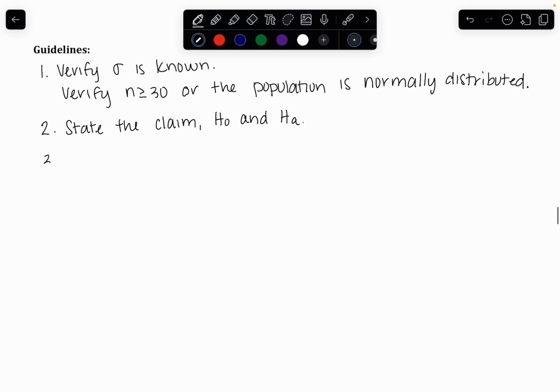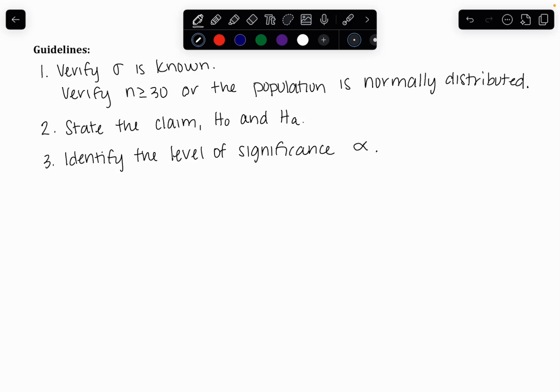We're going to identify the level of significance, and this is going to be alpha. This will always be given to you within the problem. It's similar to looking at the percentage of confidence when we were making confidence intervals.